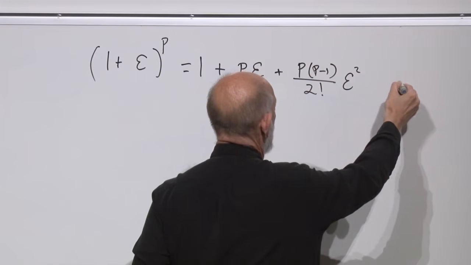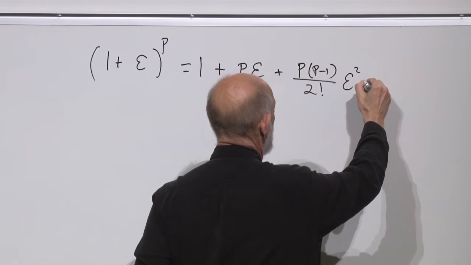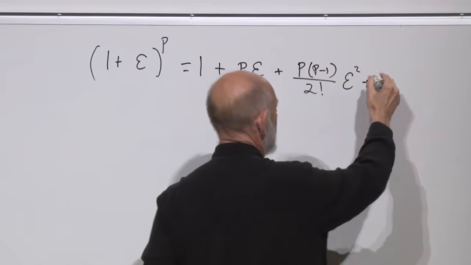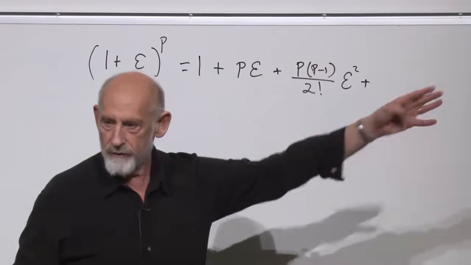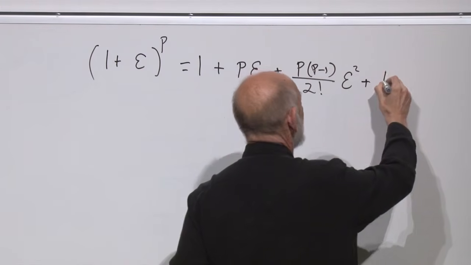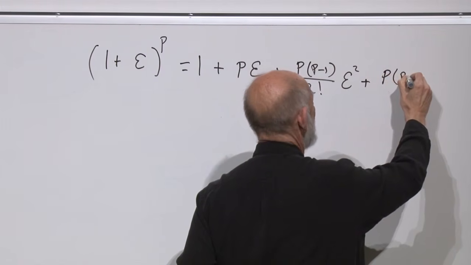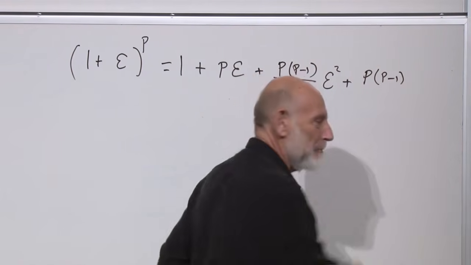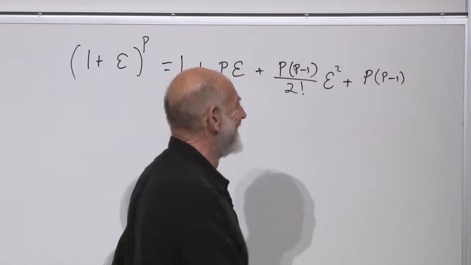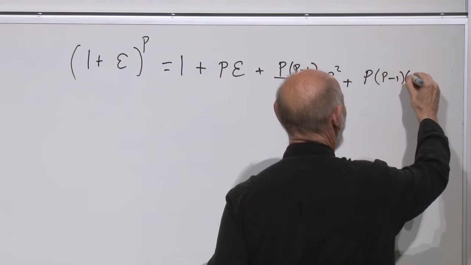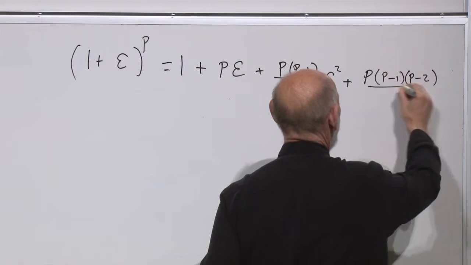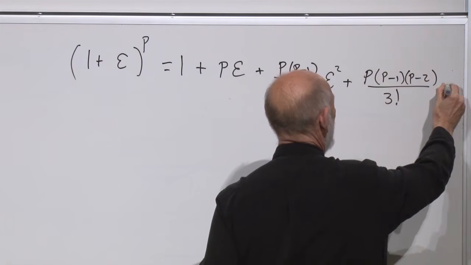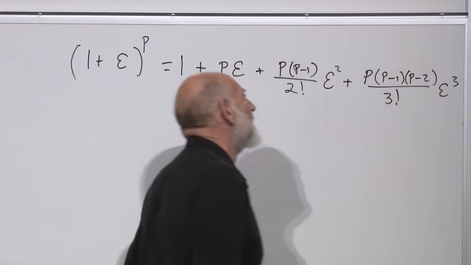And then it keeps going like that. I'll write the next one, and you can write all the ones after it. It's a homework assignment to write out all the infinite number of them. Then p times p minus 1 times p minus 2 over 3 factorial, epsilon cubed, and so forth.